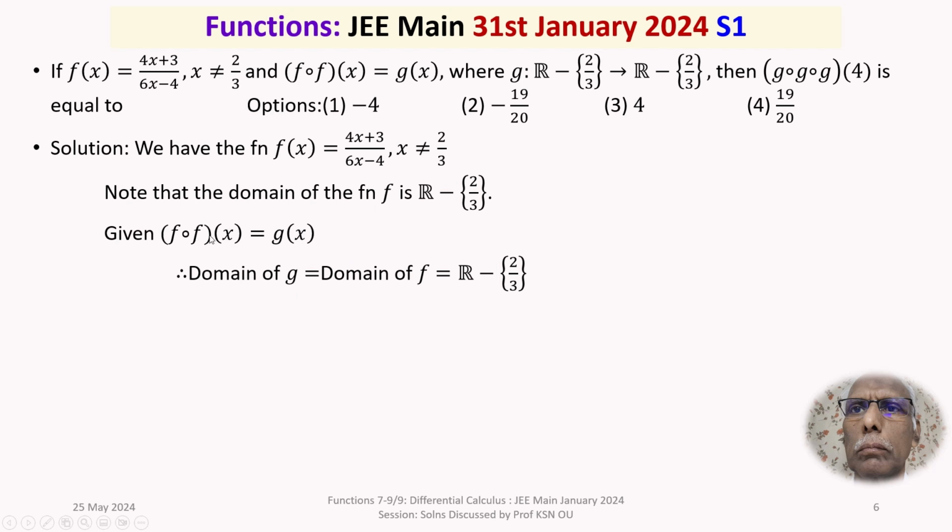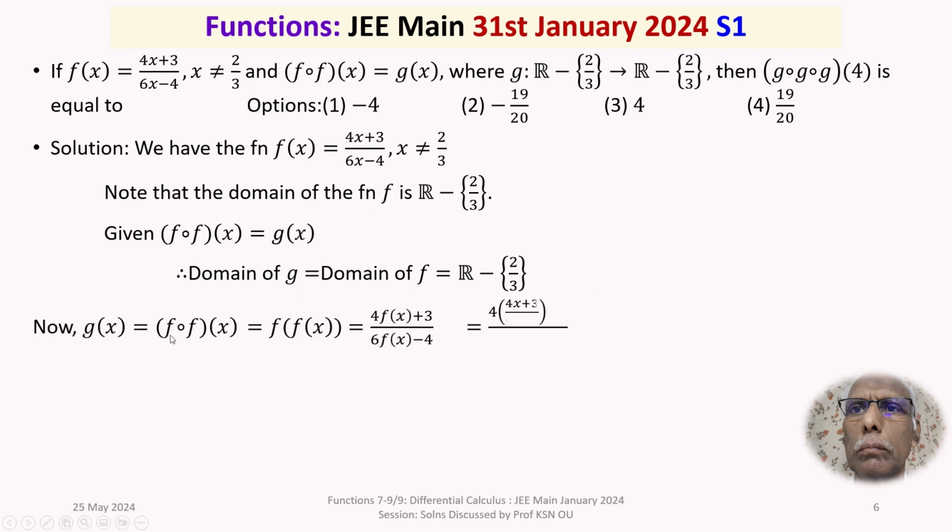Yes, because f compose f of x will tell you the domain of g is the domain of f, and the domain of f, which we have already seen, is R minus the singleton 2 by 3. Anyway, the domain of g in the question itself they have given, that is g from R minus 2 by 3 to itself. Now, let us see what is g of x.